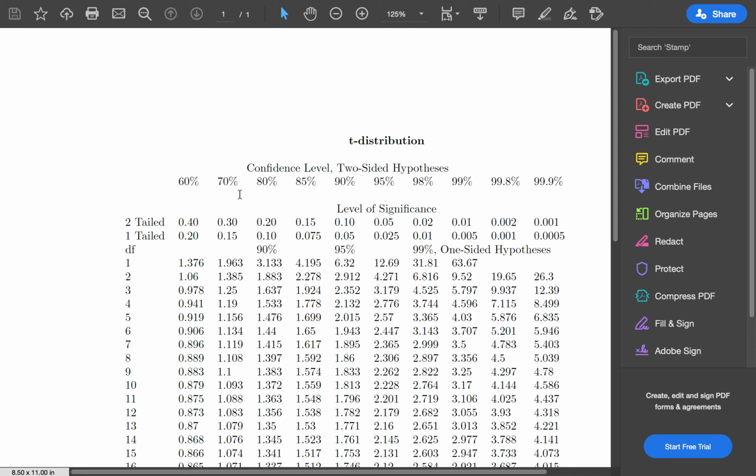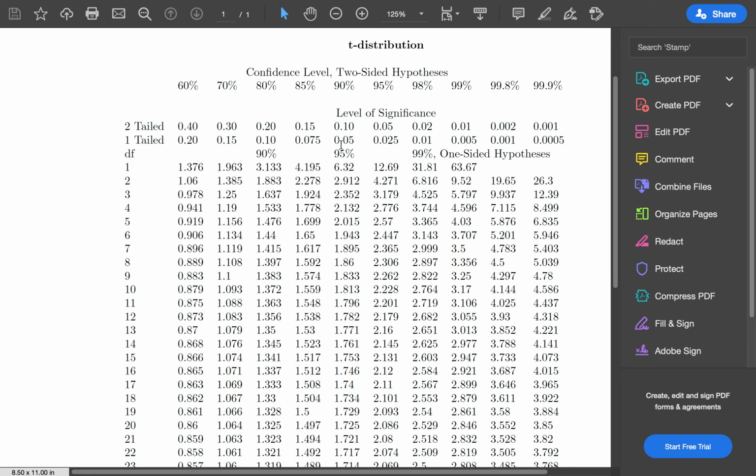Count with me, 1, 2, 3, 4, 5. The fifth column is the 90% critical values. The sixth column is the 95. The eighth column is the 99. So columns 5, 6, and 8 are the critical values we use for two-sided hypotheses.